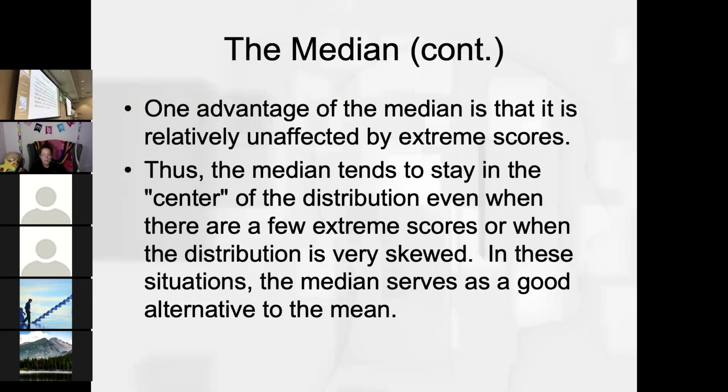And in reality, there's only one old fogey who's throwing it off. So if we took the median, I could be 100,000 years old and not affect that central tendency point.